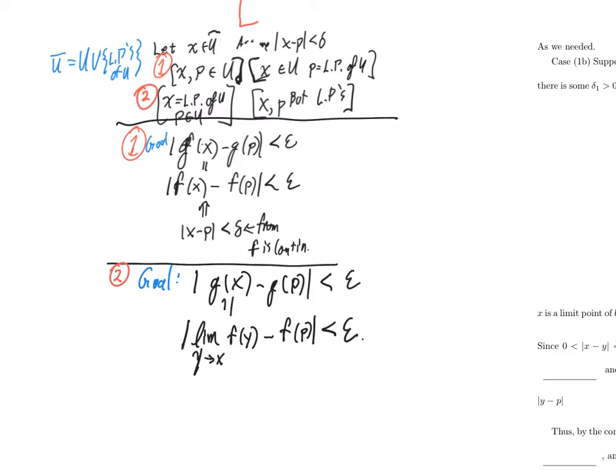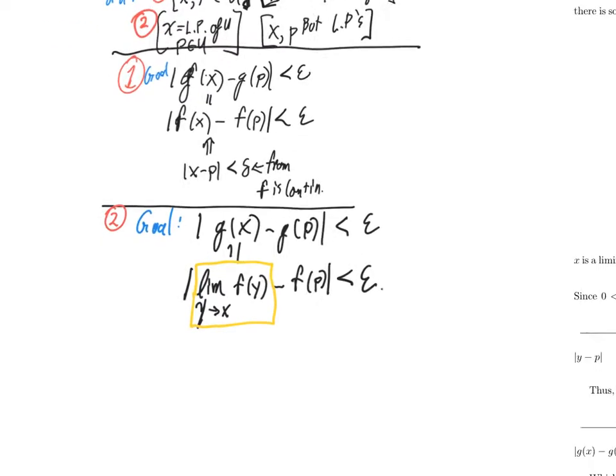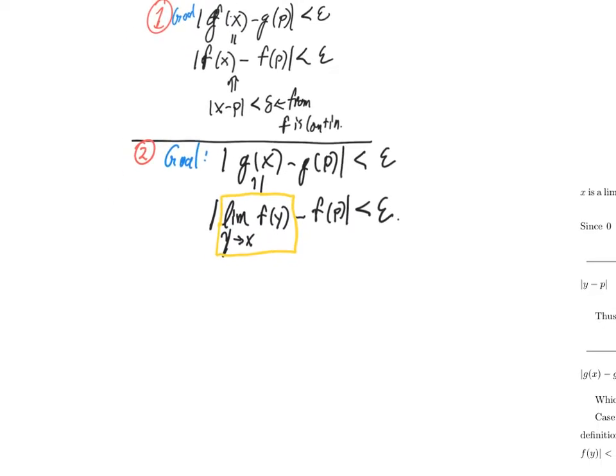Well, let's see. Let's look at what this is. Let's call that quantity L. It's also called g of x. Let's just call it g of x. So let's look at that. Since g of x is the limit as y approaches x of f of y, what does that tell me?